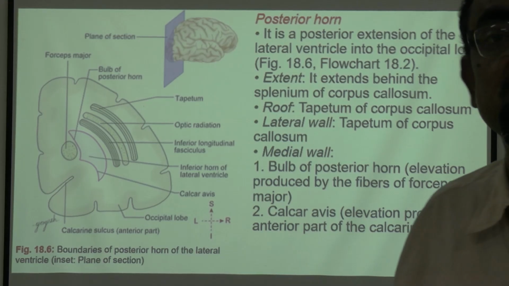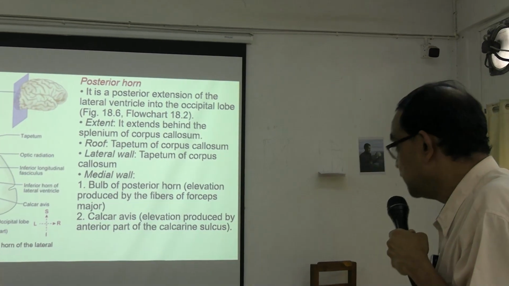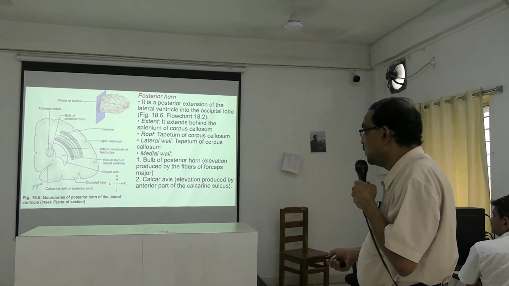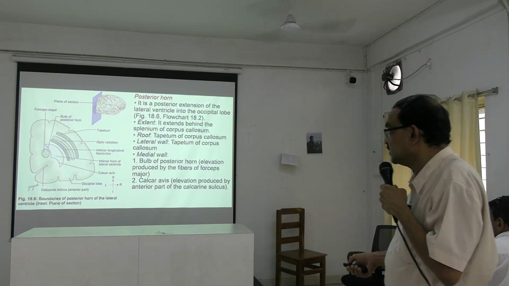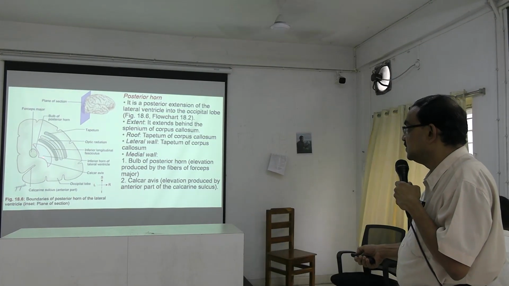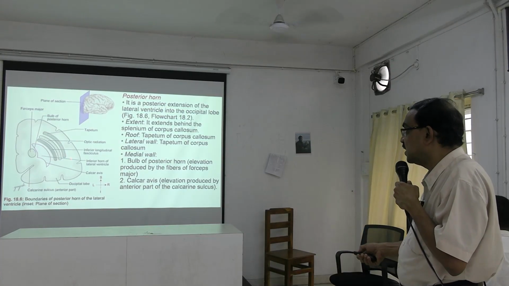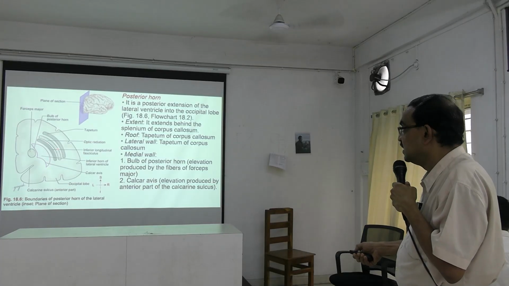This complete sulcus creates an impression within the medial wall of the posterior horn, which is called the calcar avis. The roof and lateral wall are formed by the corpus callosum fibers, which are called the tapetum.